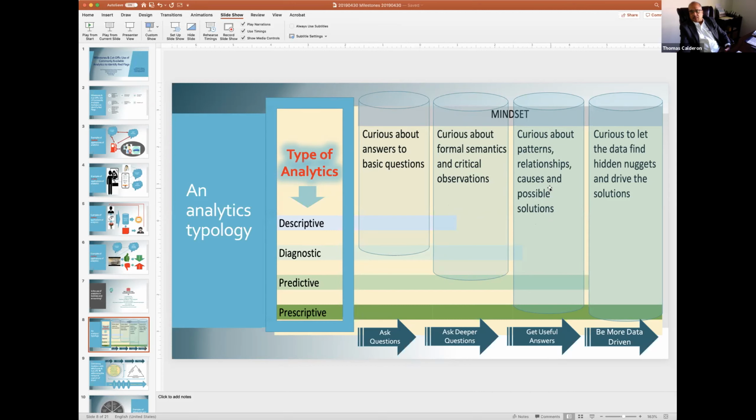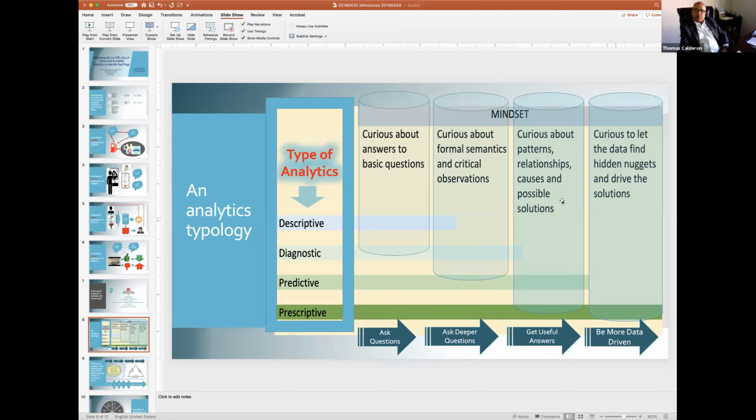Buying toothbrush heads a little more often, brushing more regularly, etc. And then at the highest level, in terms of the mindset, we may be curious to let the data find hidden nuggets and literally drive solutions for us. So effective use of analytics really depends on asking questions, asking deeper questions, getting useful answers, and being more data-driven.